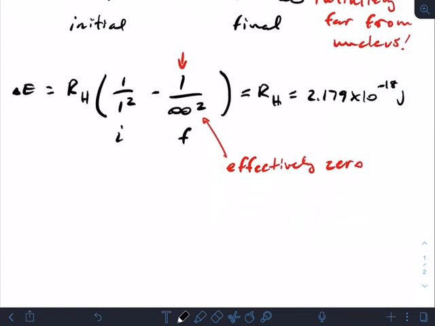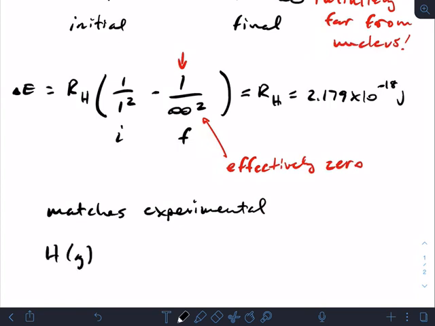Right? So this matches experimental data really well. So we can look at a hydrogen atom, an atom of hydrogen gas, and we can ionize it and make it H plus gas. Okay, and this is an ionization equation.